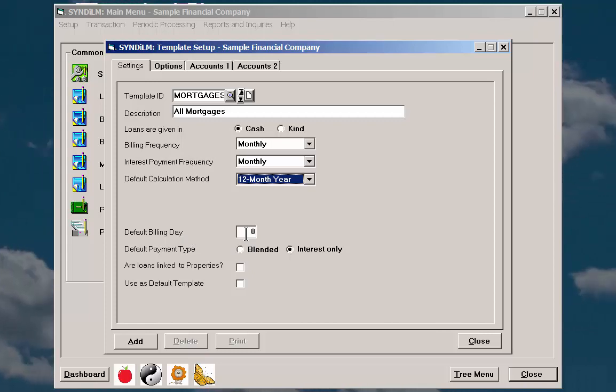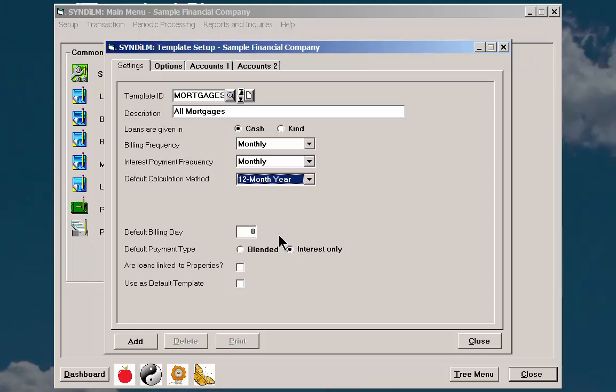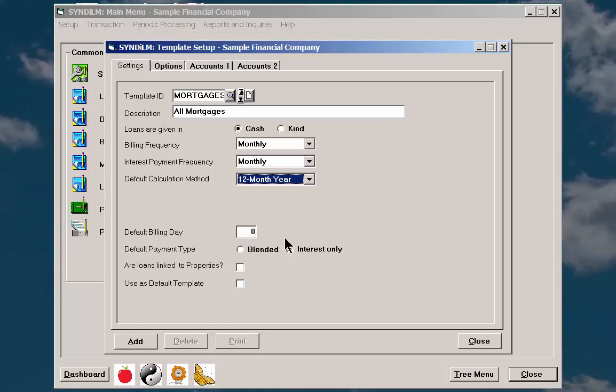Default billing date is the day on which you calculate the interest. If you keep it as 0, then the interest is calculated on the day of the month when the loan was initially given. For example, if the loan was given on the 7th of the month, then you calculate the interest on every 7th of the month, so that you have divided it in equal monthly installments.